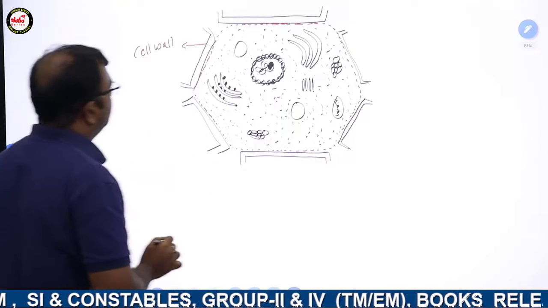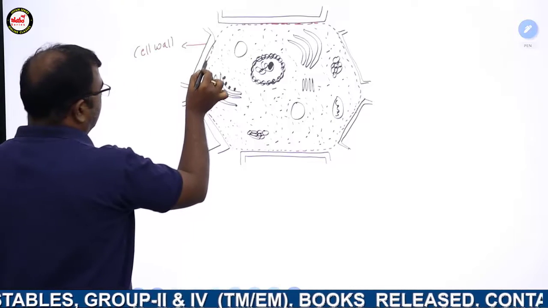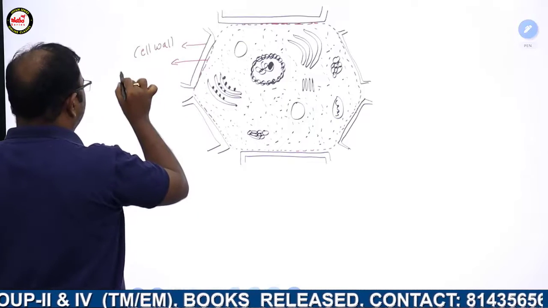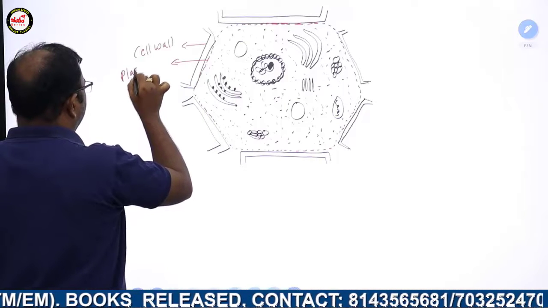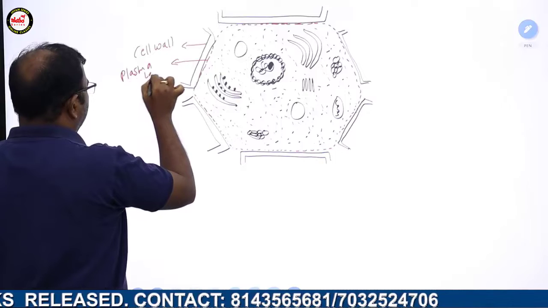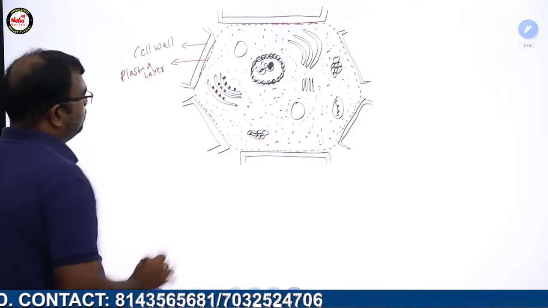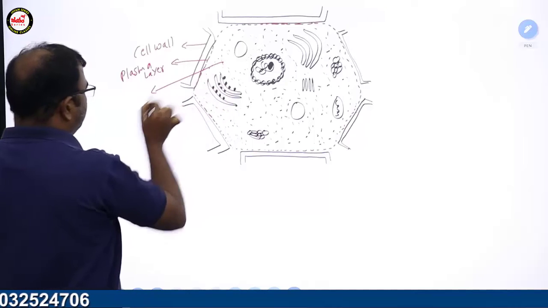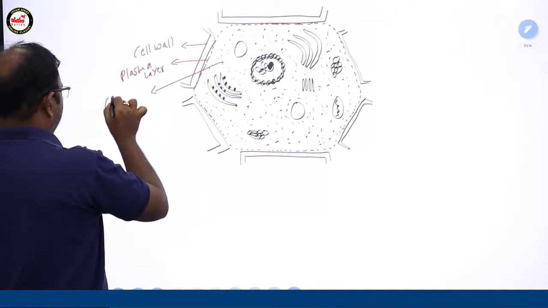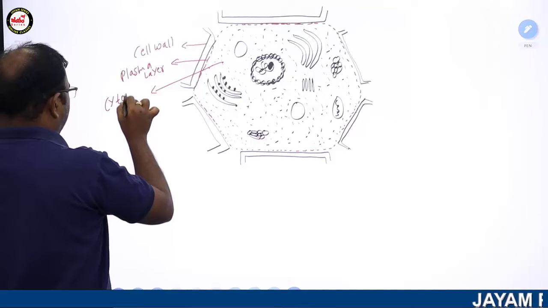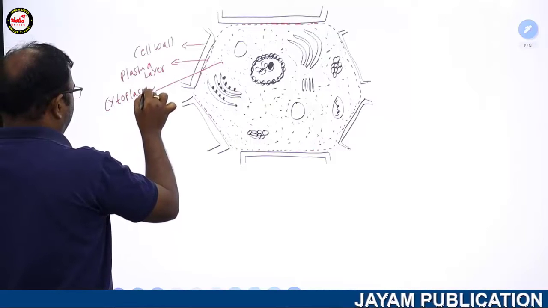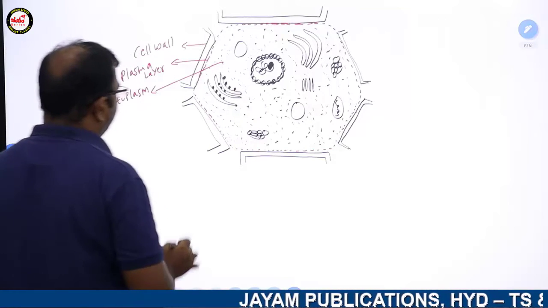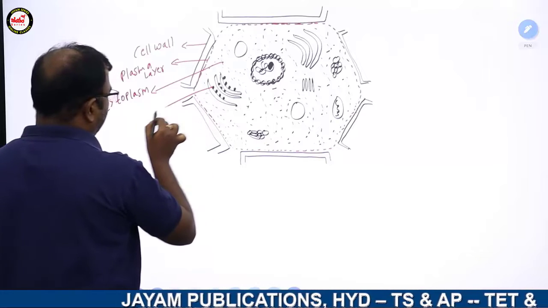This part is the cell wall. This part is the plasma layer. This part is the cytoplasm.